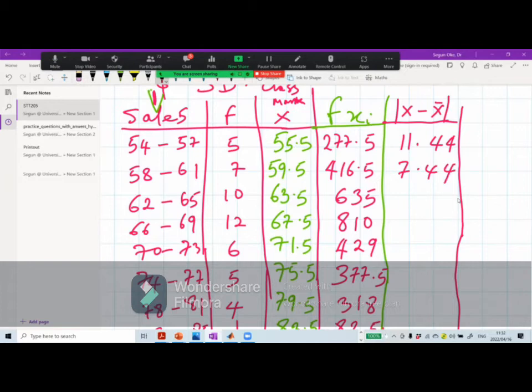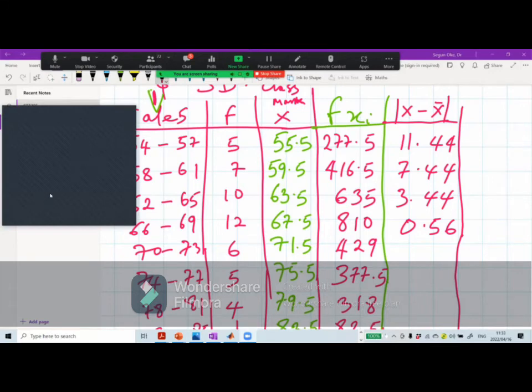Next is minus 3.44, so 3.44. Next is 0.56. Next is 4.56.